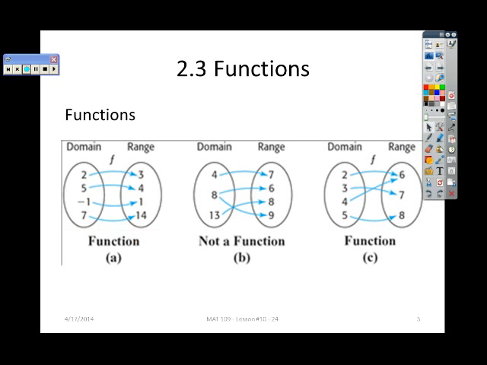If each value in your input is connected to only one value of the output, and every one of them is different, so 2 to 3, 5 to 4, etc., there is no common thing. There's only one arrow coming out of anything, and every arrow ends in only one place. There's not two lines from any one of these numbers. That is a function. That's the perfect case where there's nothing overlapping.